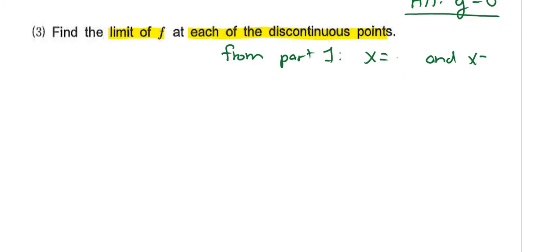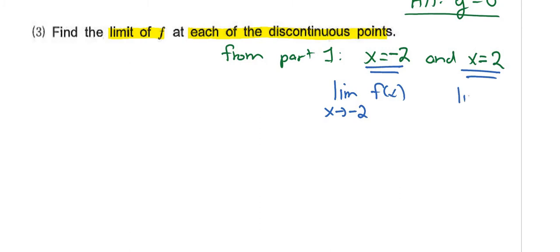My bad, I'm just kind of thinking about a different problem right now. So it should be negative 2 and positive 2. Alright, so now we need to find the limit at each of these discontinuous points. So we're asked to find the limit as x approaches negative 2 of the original function, and the limit as x approaches positive 2.